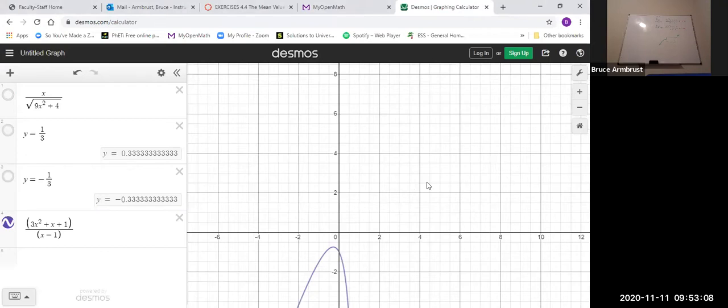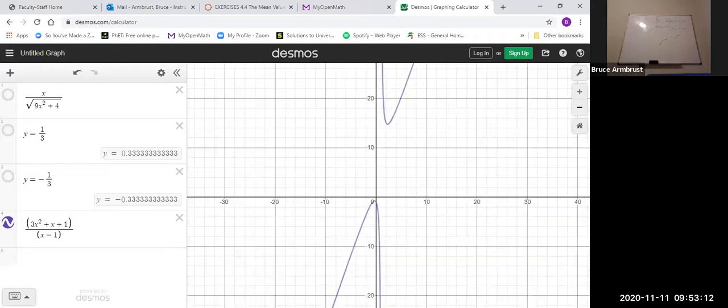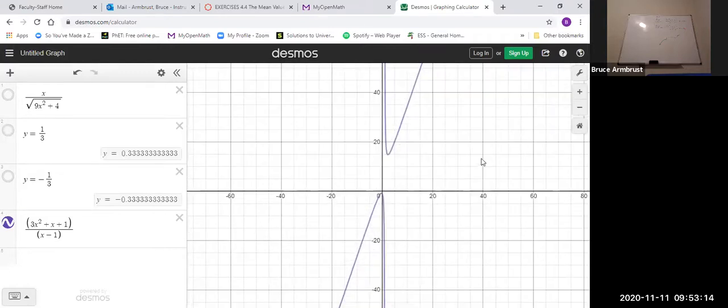Let me zoom out here just a touch. Okay, so this is what that graph looks like. So hopefully you see it here in blue. And you can definitely see the infinity. You can see that as we go to the right, this thing just keeps growing. And as we go to the left, it keeps dropping. So we're definitely seeing that.